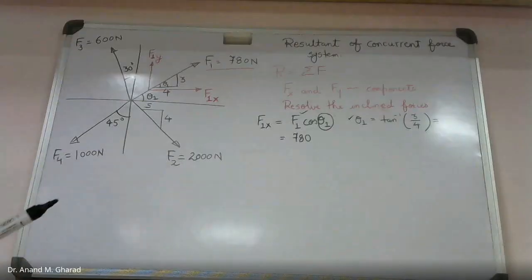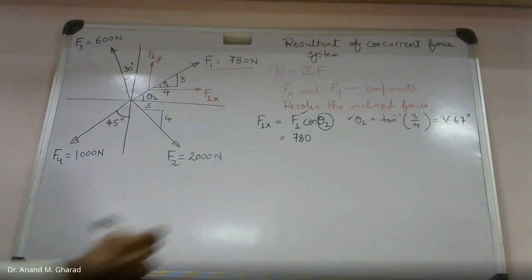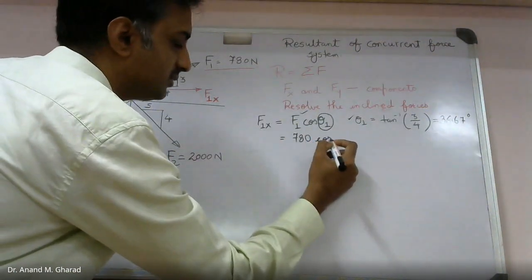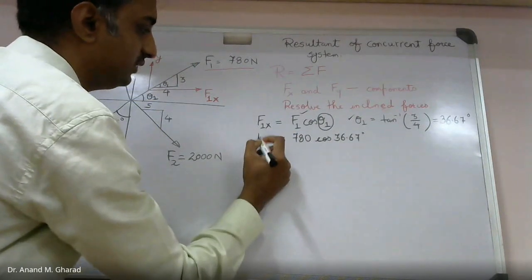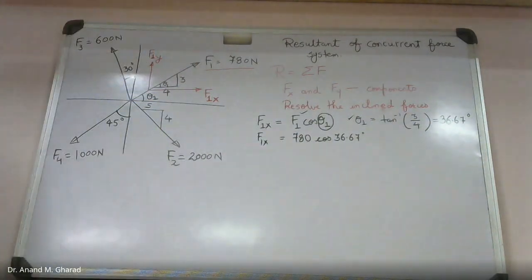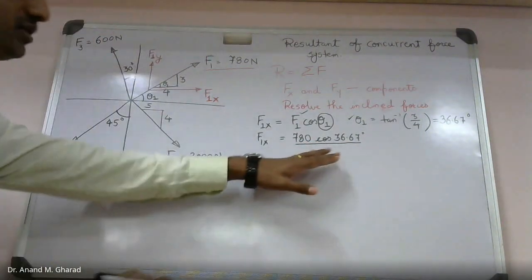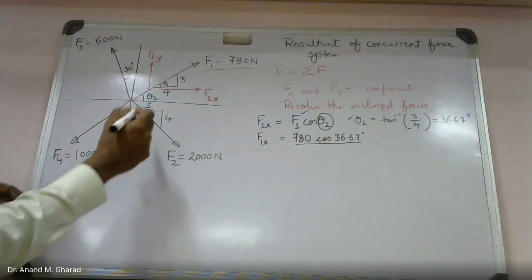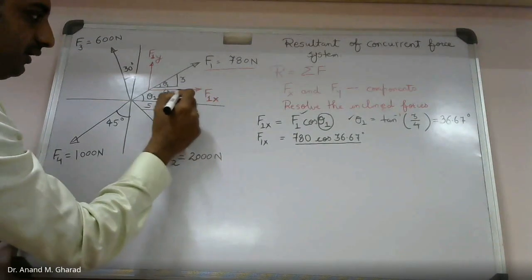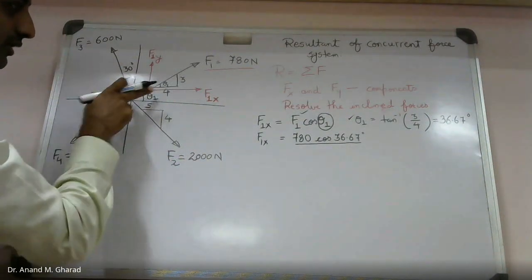Yes, sir. Okay, so 36.67 degree. So substitute cos 36.67. This will give me the value for F1x. Now see, whatever I have shown over here is with respect to the magnitude. What should be the direction? For direction, please verify the arrow, how it is facing.